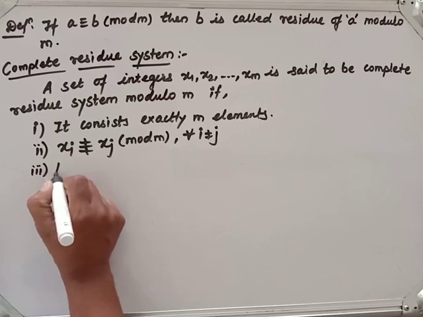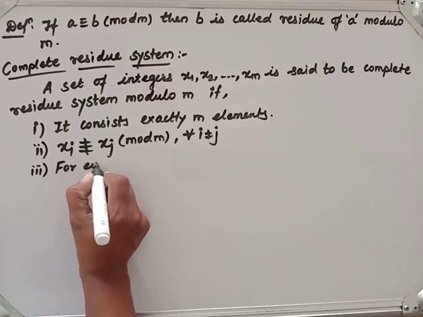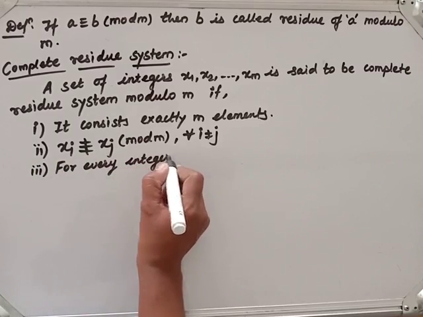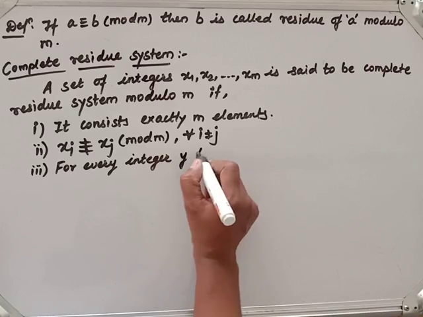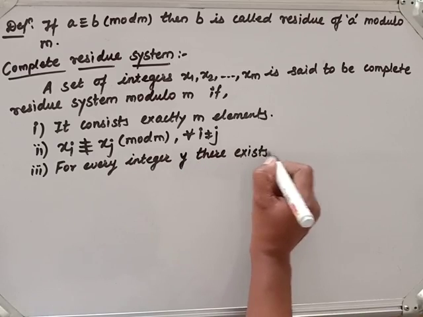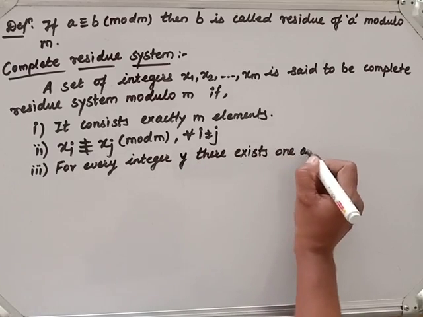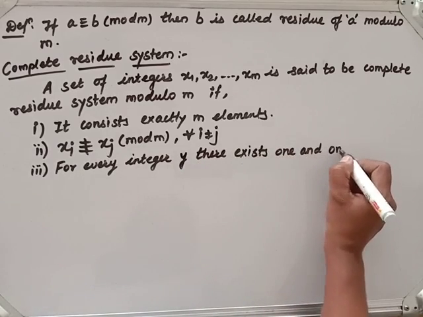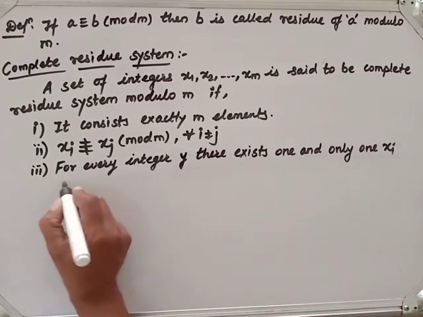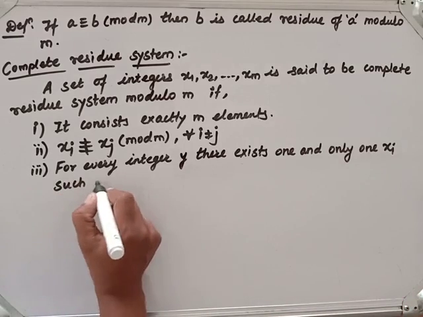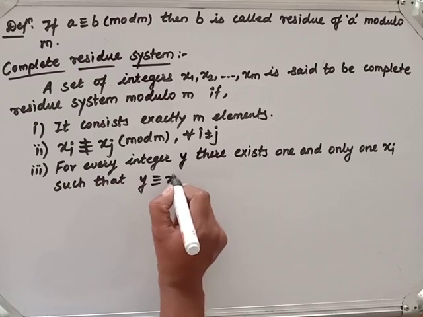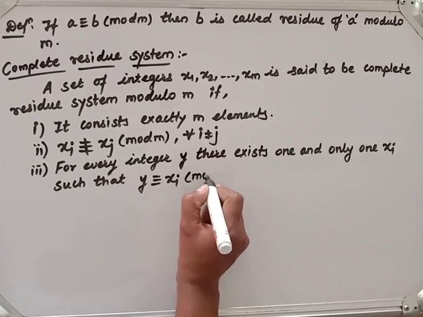Now the next one is that for every integer y, there exists one and only one xi such that y is congruent to xi modulo m.